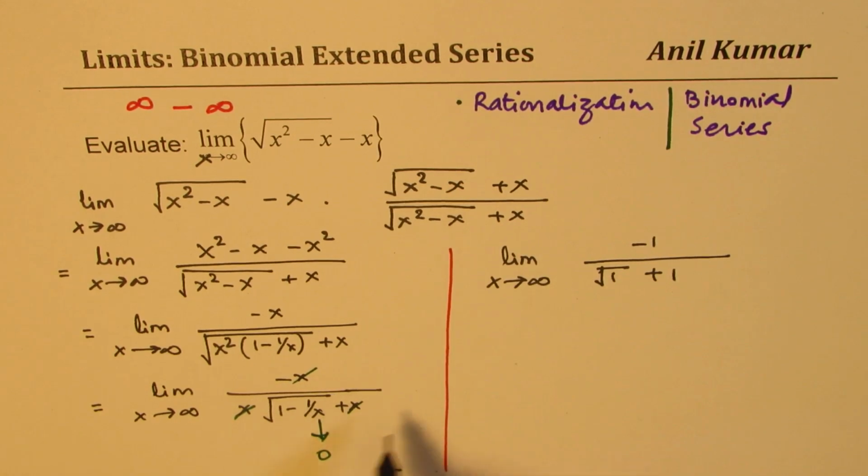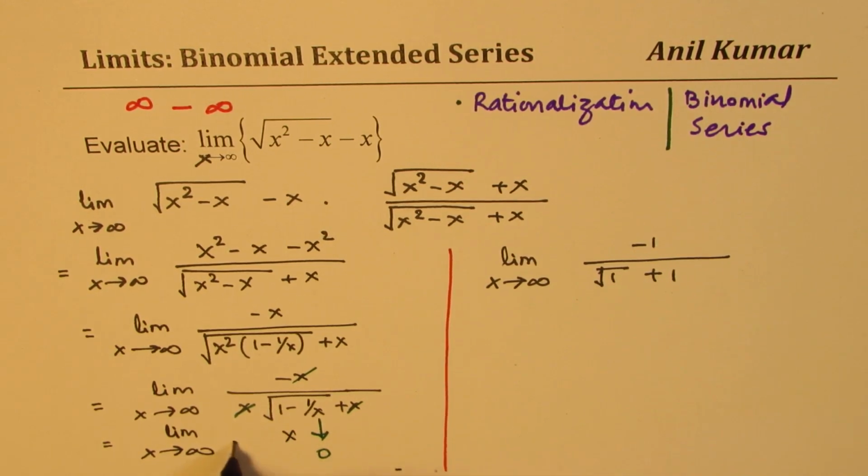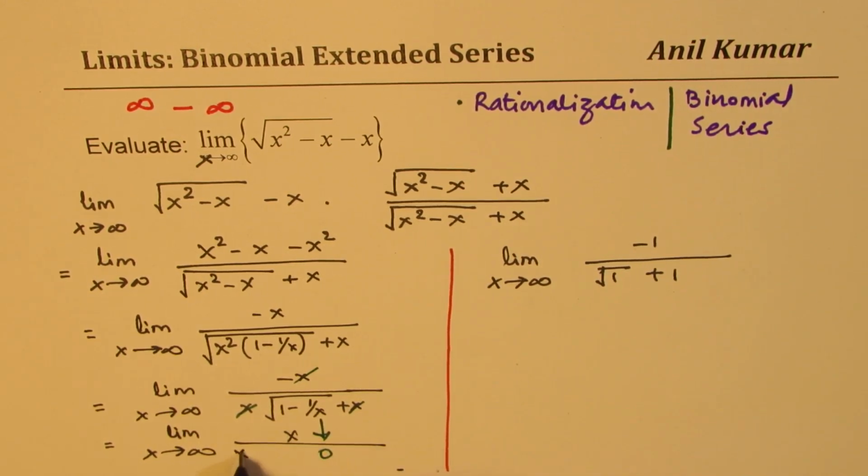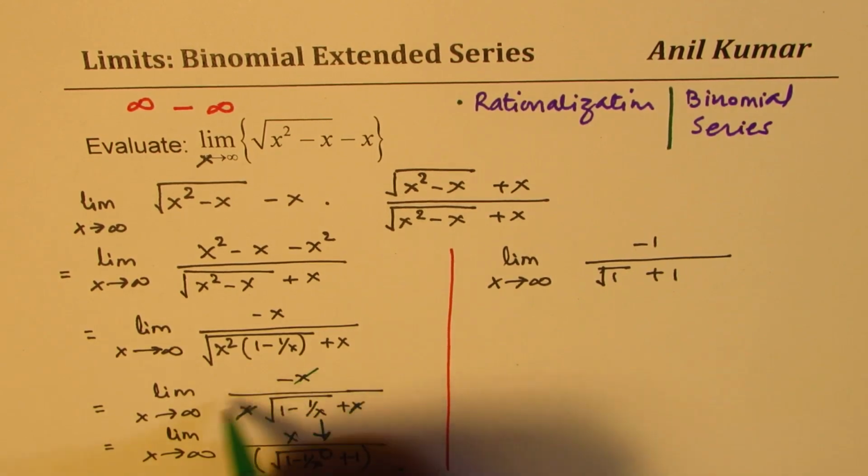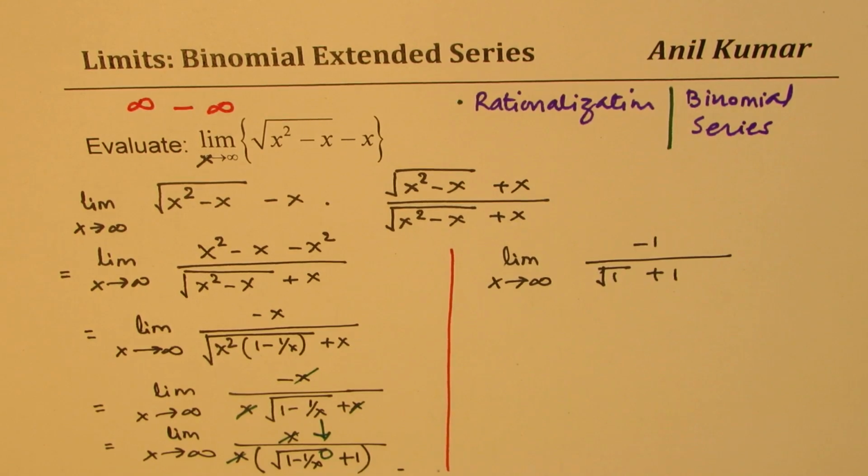So let me extend one more step here. Let me write here the limit as x approaches infinity. Just to make it very clear, x is a common factor. We get x times the square root of 1 minus 1 over x, plus 1, correct? Now you cancel x, right? So when you cancel at that stage, you have to cancel this also.